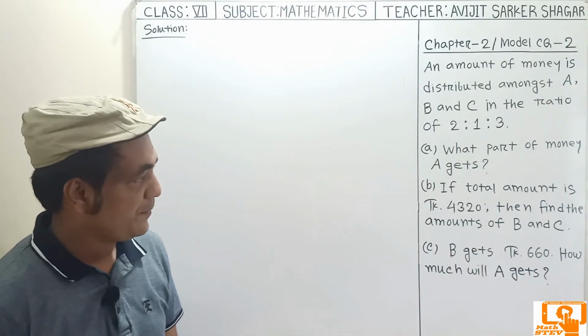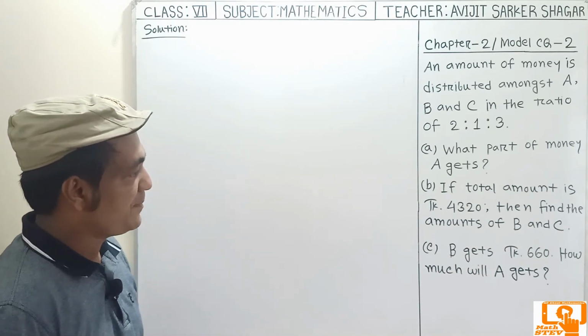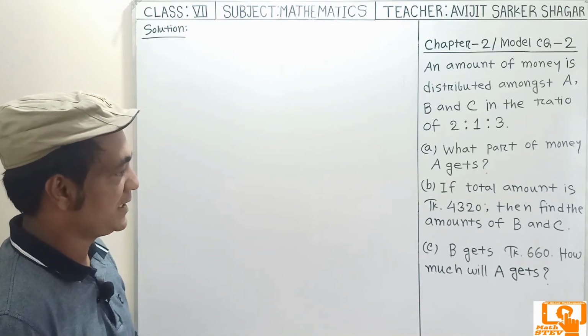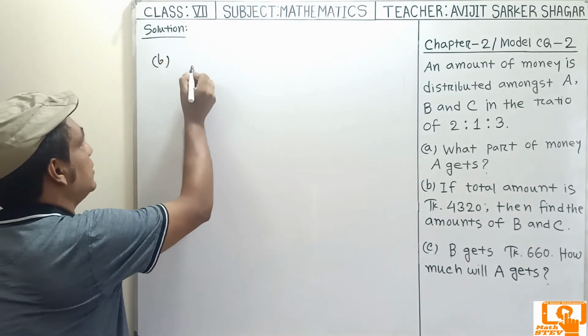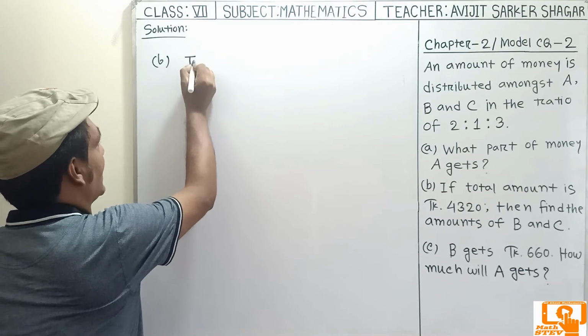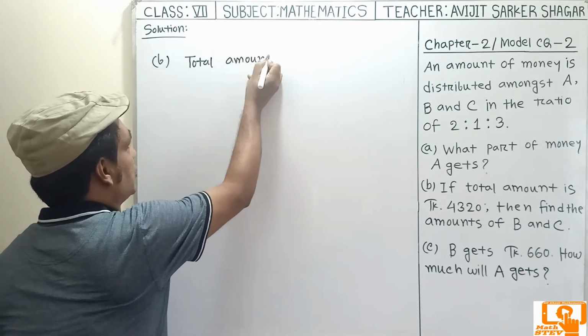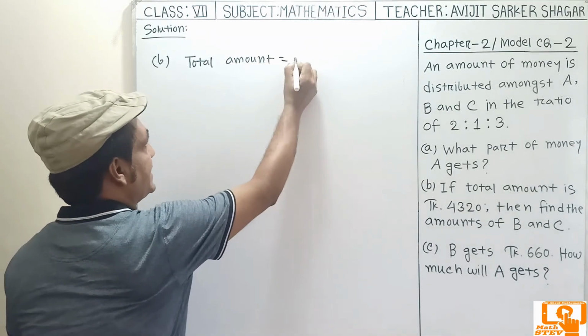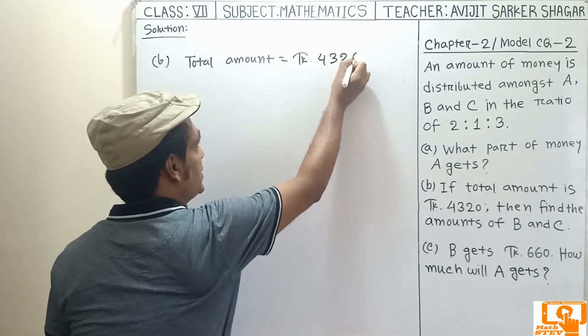In question B, if the total amount is taka 4320, then find the amounts of B and C. Solution of B: the total amount is given, and it is taka 4320.